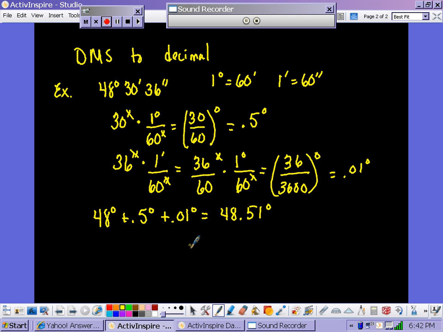Okay. One more example that I'm going to do before the night is over is converting from degrees to radians. So let's look at 150 degrees.